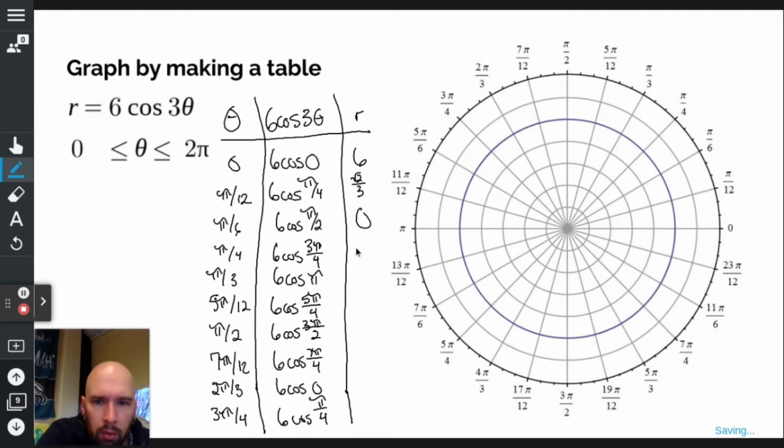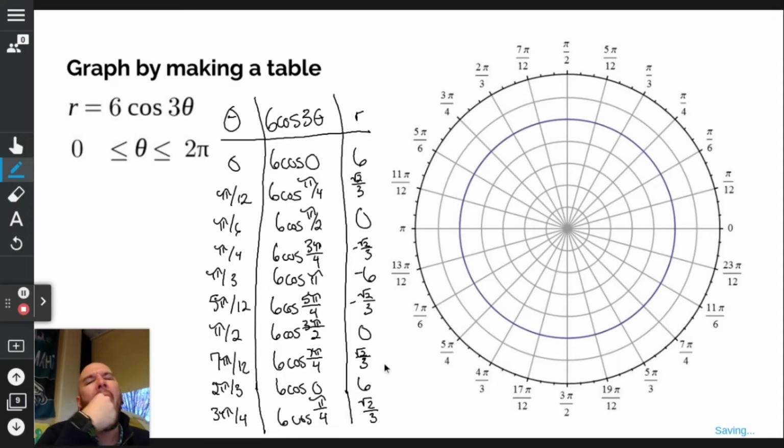Then you're negative, so negative 3 root 2. Then you're negative 1, so negative 6. Then negative 3 root 2. Then you're 0, then positive 3 root 2. And then the process repeats.